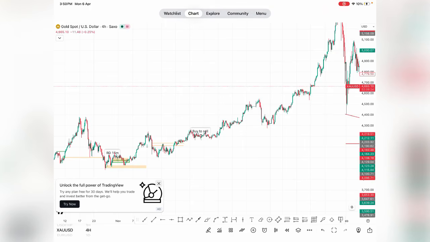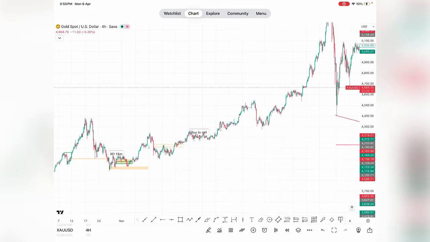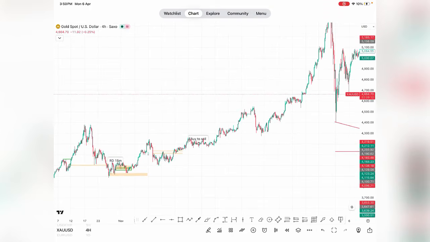Lot size is basically a factor that determines how your transaction amount is measured against the currency pairs that you are trading.